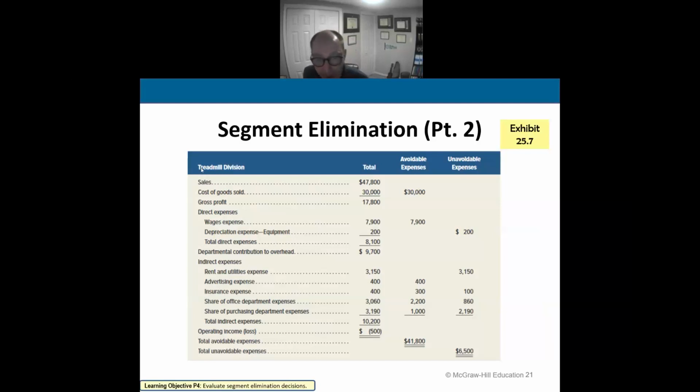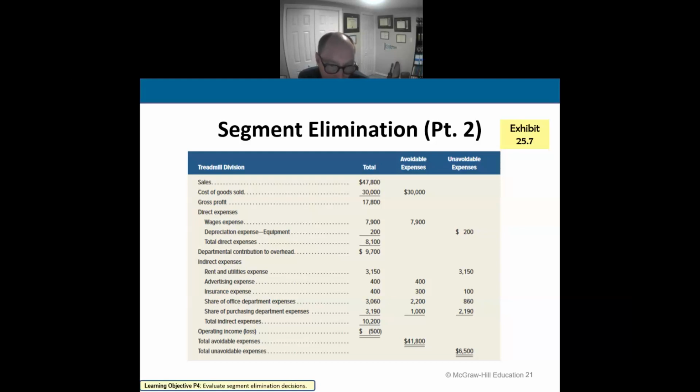So here's our treadmills. We make treadmills in addition to our wiper blades. I lost $500 last year selling treadmills. Why is that? Let's see. My sales were $47,800. Total cost of goods sold was $30,000. Gross profit was $17,800. Then I had my direct expenses, direct labor $7,900, depreciation $200.